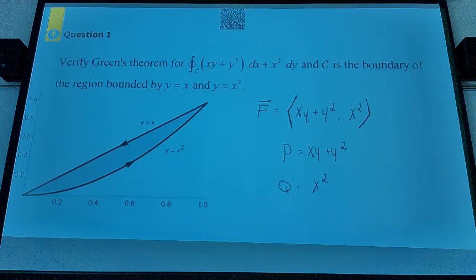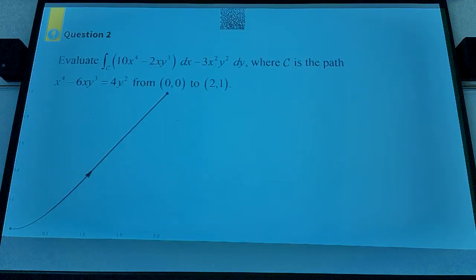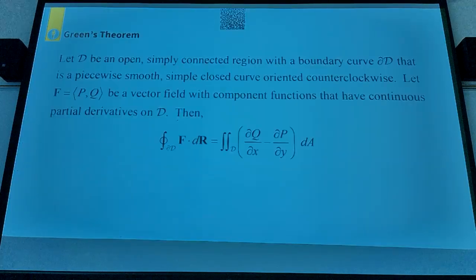Close, there you go. Is that closed? No. You can't use Green's theorem. Green's theorem is only for closed curves. This one is not closed. I mean, you cannot use Green's theorem.